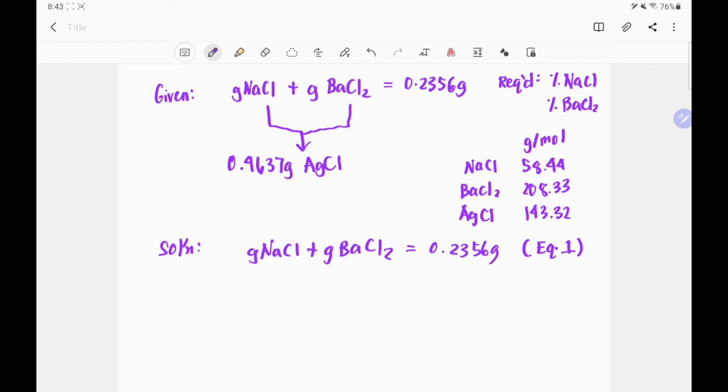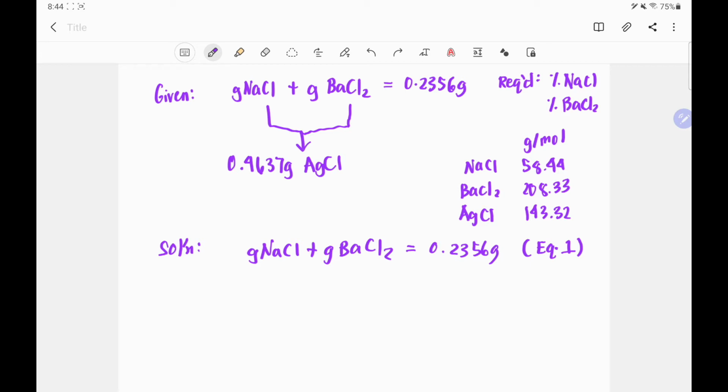We need to construct another equation containing grams of sodium chloride and grams of barium chloride so that we can do stuff like substitution or elimination to determine the values for these variables. We know that the chlorides from both compounds are converted to silver chloride. So how do we represent that in terms of a mathematical expression?